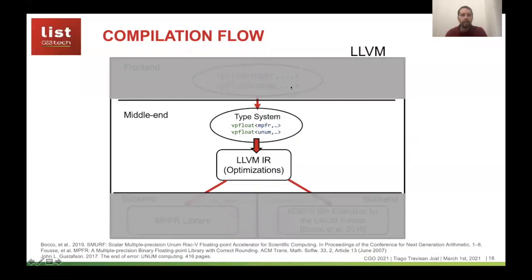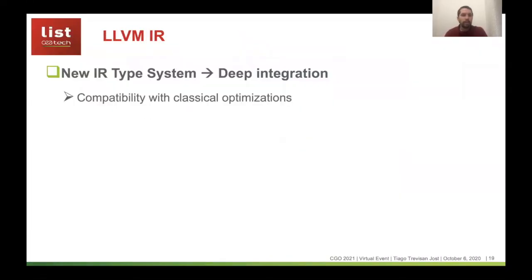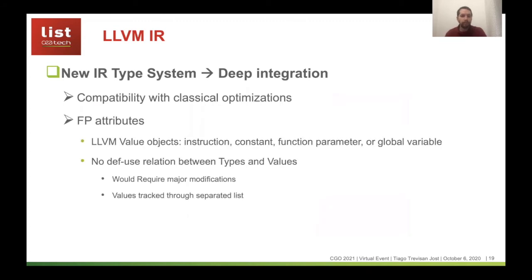In terms of the modification needed in the middle end, we added support for a new IR type system that is deeply integrated with LLVM. This allows us to use the classical optimizations and even profit from their transformations of code. The floating point attributes needed for each one of the types are implemented with the LLVM value objects, which can express instructions, constant function parameters, or global variables.